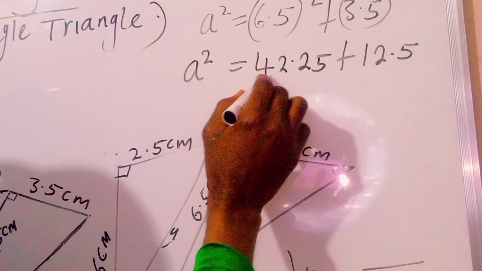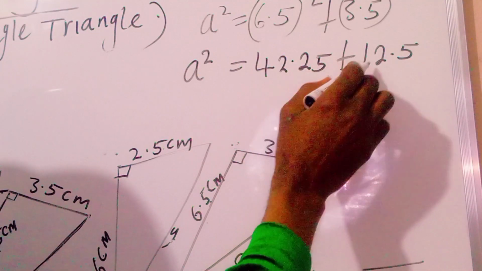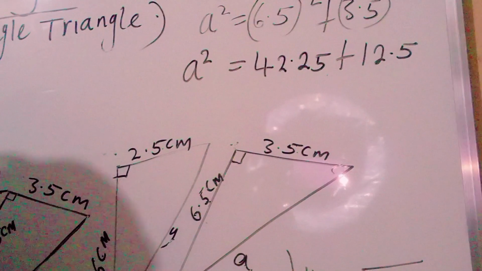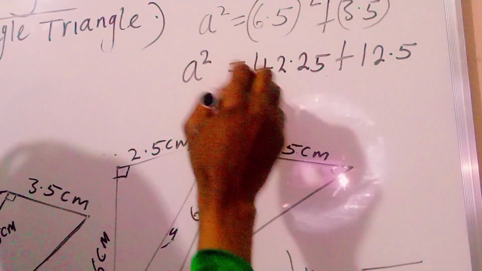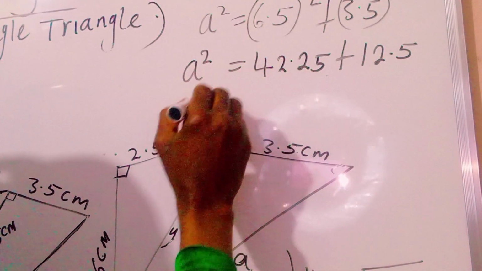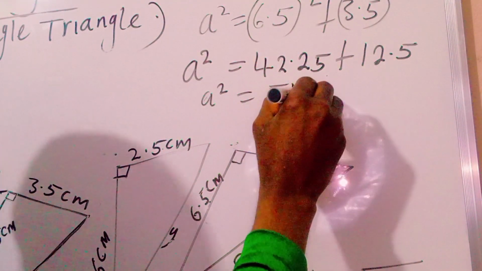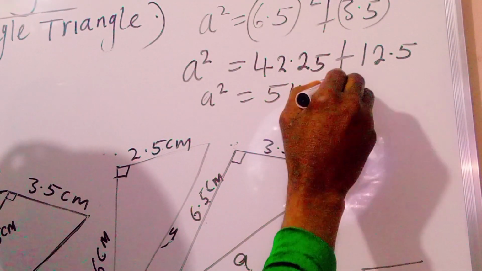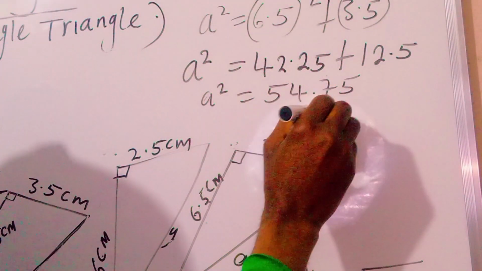Now you add 42.25 plus 12.25. When you add that, you're going to have 54.5. That is, A squared equals 54.5 using my calculator. If you have that, you take the square root of your right hand side.